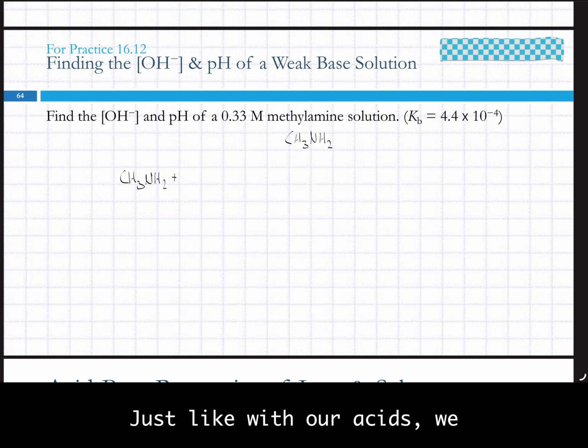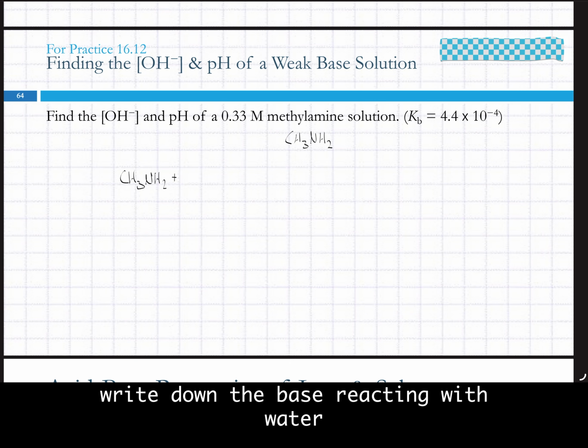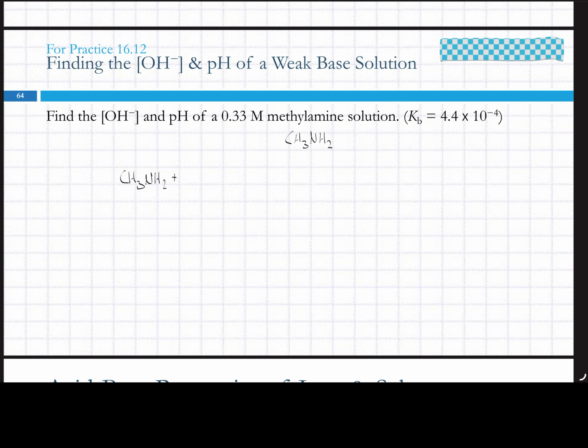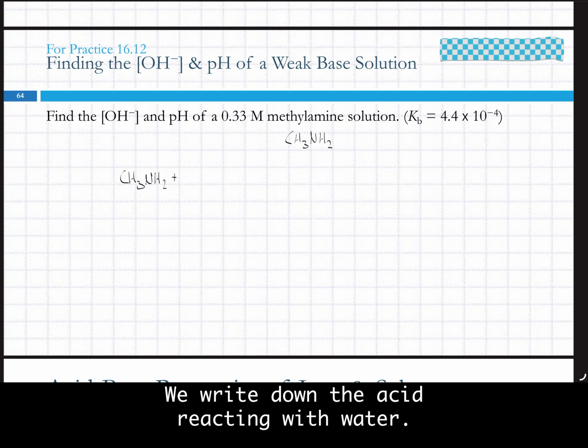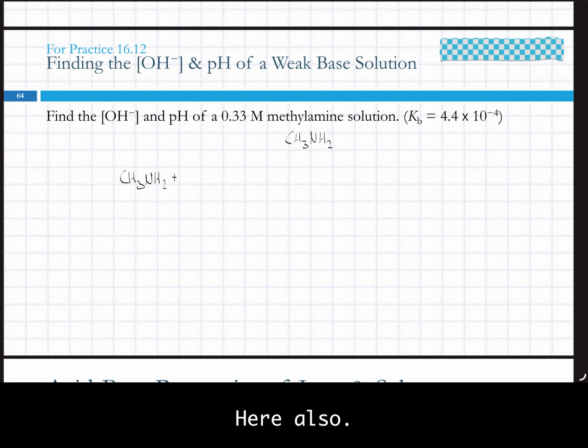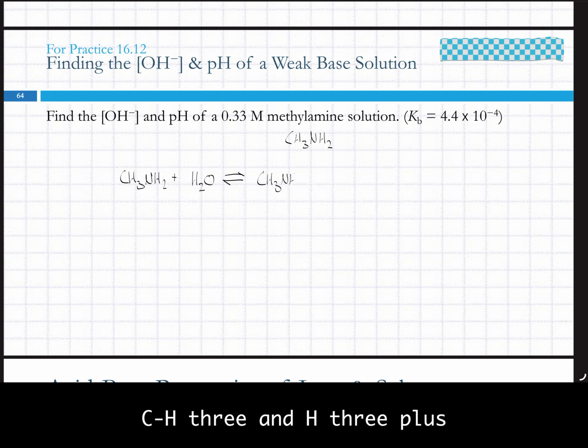Just like with our acids, we write down the base reacting with water. And then we'll get CH3NH3 plus and OH minus.